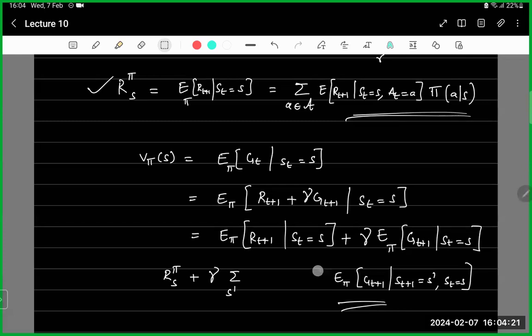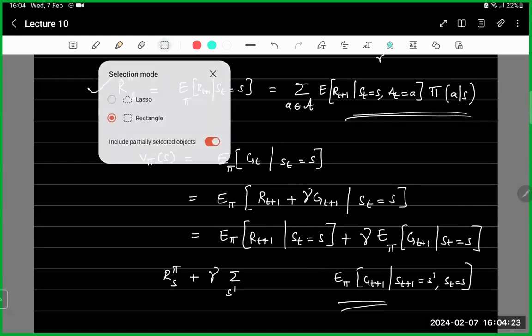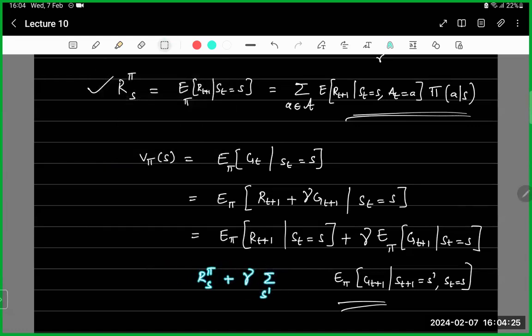So this is nothing but what? I just conditioned on an additional random variable st plus 1. I have to just uncondition it. So what should I do? What is the probability that I'll go to st plus 1 equal to s dash given st equal to s?